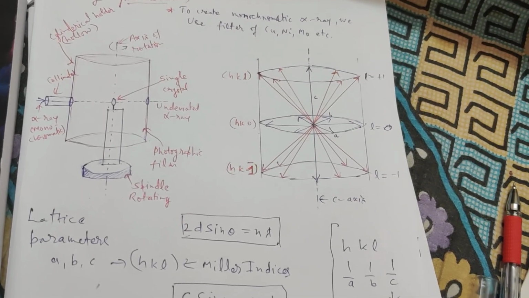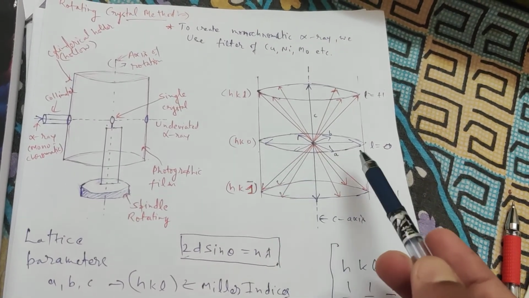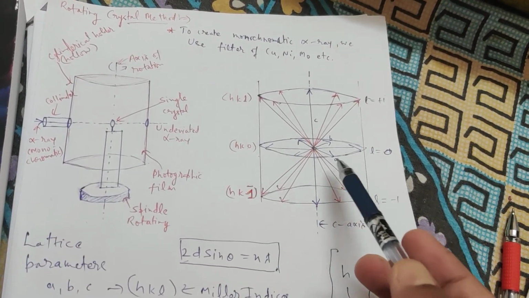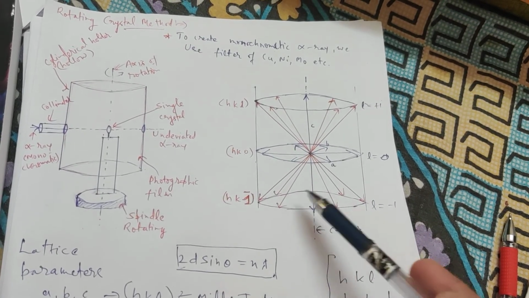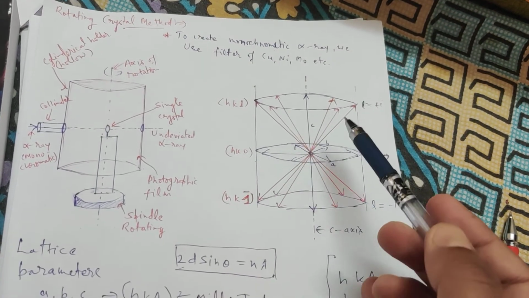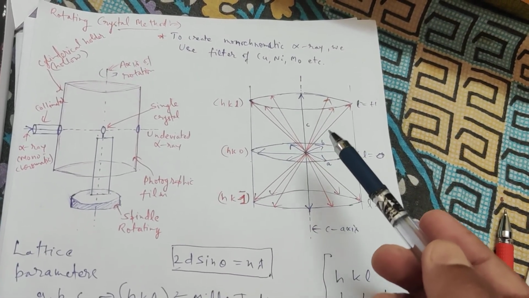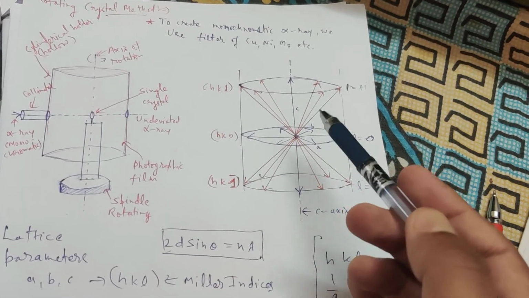One important thing here is that these are layers: this is the 0 layer, this is a positive layer, and this is the second, that is, the negative layer. These lines I have drawn are known as layer lines.